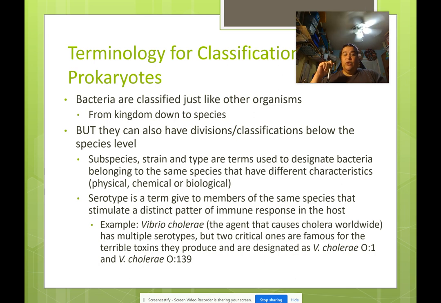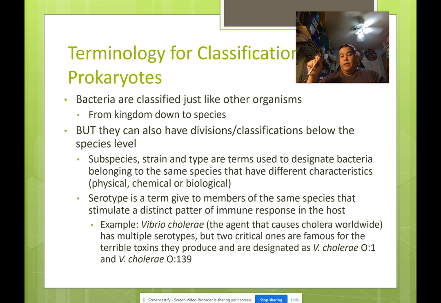Serotype is also a term used to give members of the same species that stimulate different patterns of immune response in a host. So, Vibrio cholera, for example, is the agent that causes cholera worldwide, but it does have multiple serotypes. Okay.